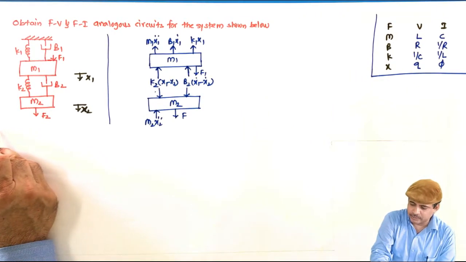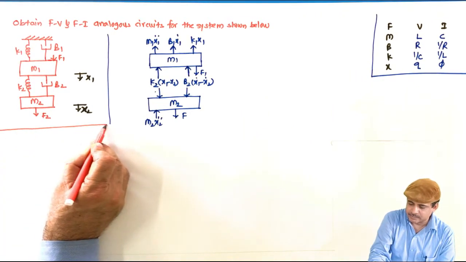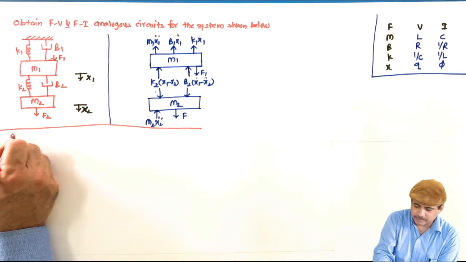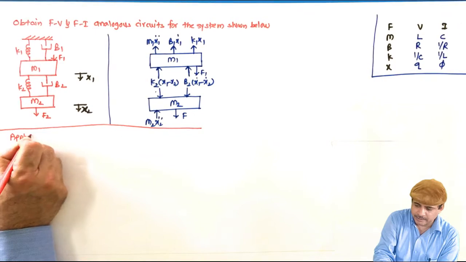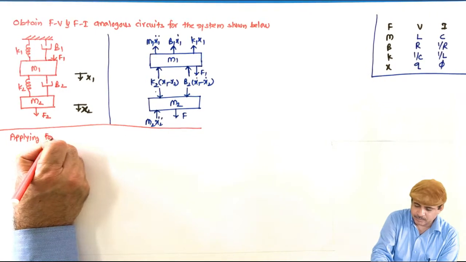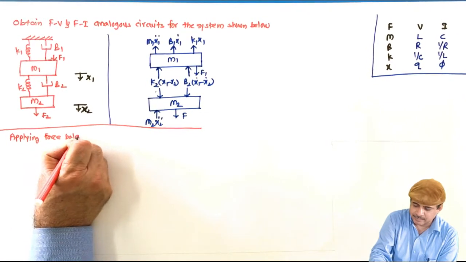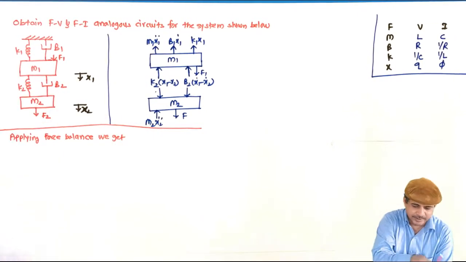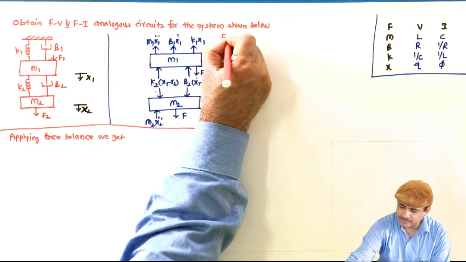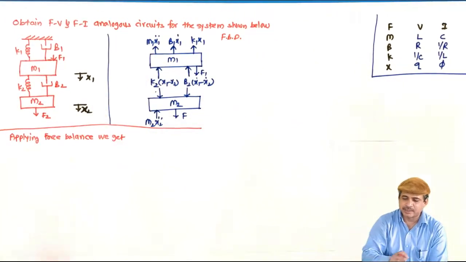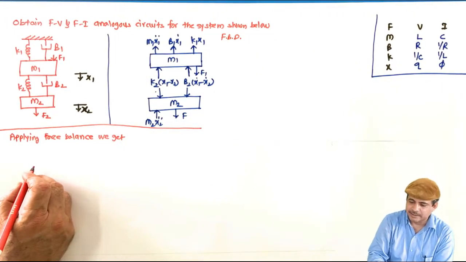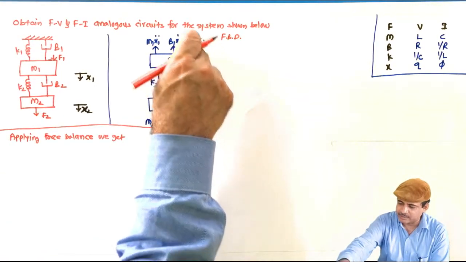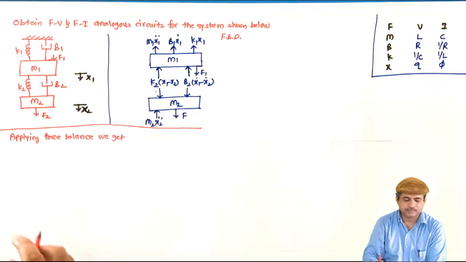So now let us write down the equations. Applying force balance, from this FBD we get that F1 is counterbalanced by 1, 2, 3, 4, 5.